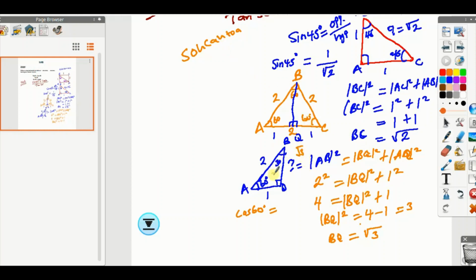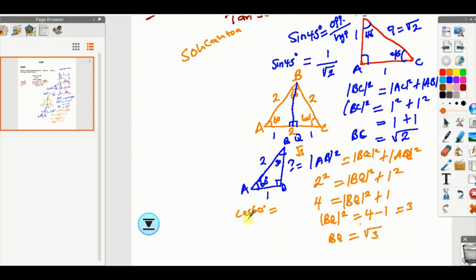Now which one is our adjacent here? Now, 1 is the adjacent to the 60 degrees, and this side, which is square root of 3, is the opposite to this angle 30 now. 1 is the opposite of this angle 30, right? While the adjacent to it is this side, which is square root of 3.